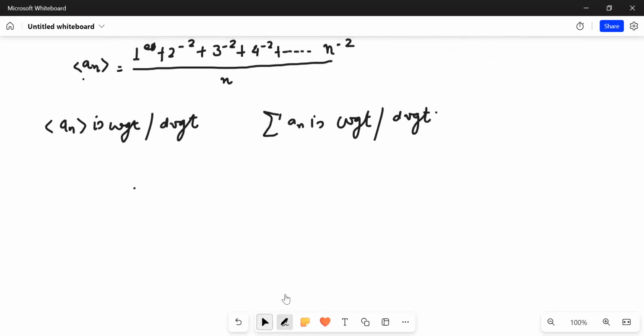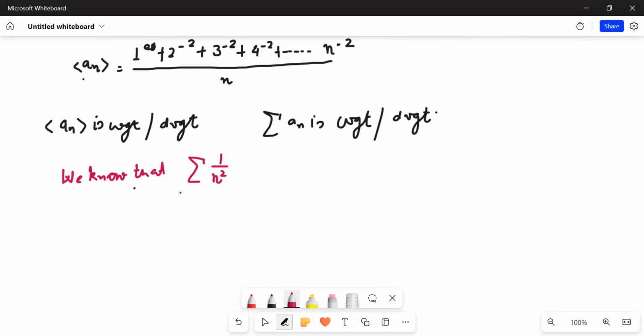See, I know that, I'll write it here. We know that summation 1 upon n square, where n varies from 1 to infinity, or you can write k equals 1 to infinity, is a convergent series.